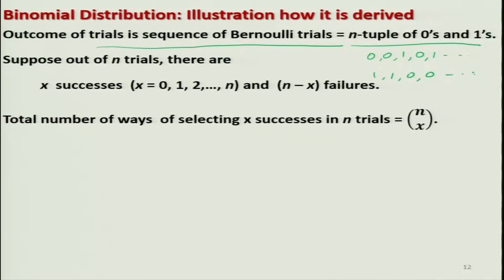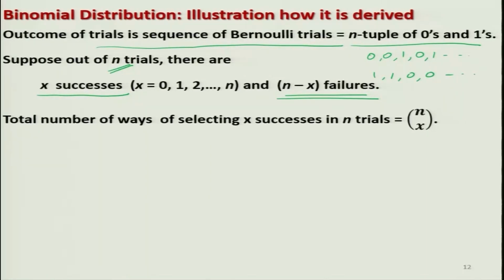So out of these small n trials, if there are small x successes, that means x is going to take the value 0, 1, 2 up to n, right. And depending on the successes, the remaining n minus x events will indicate the complement or the failures.